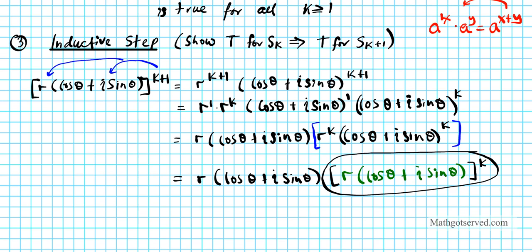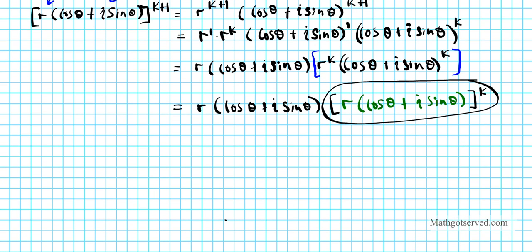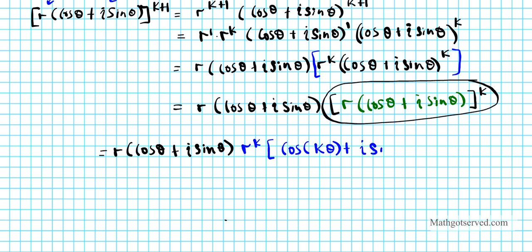Okay, so based on our assumption, we can accurately state that this expression, and let me move it a bit to the left because it's going to start getting long now, is equal to r cosine theta plus i sine theta times, now I'm going to rewrite this in a different color so we can focus in on it, I'm going to write it in blue, times r to the k times cosine k theta plus i sine k theta.